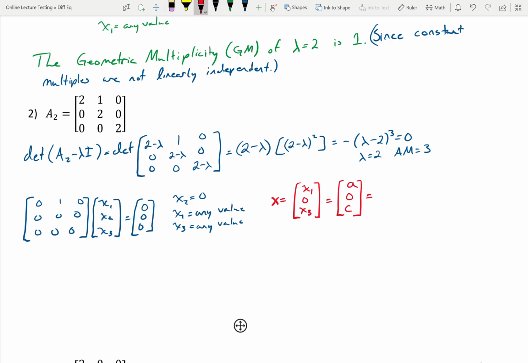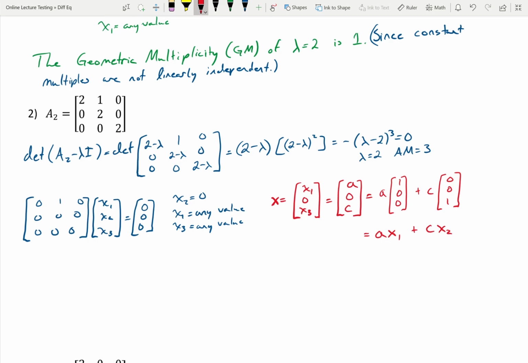So here, if I did a times 1, 0, 0 plus c times 0, 0, 1, notice I will get back to this a, 0, c vector, which means this is a times one eigenvector plus c times another one. And 1, 0, 0 is linearly independent from 0, 0, 1.